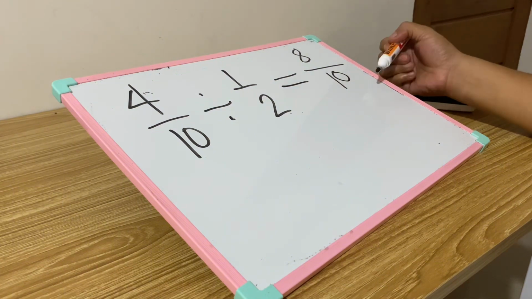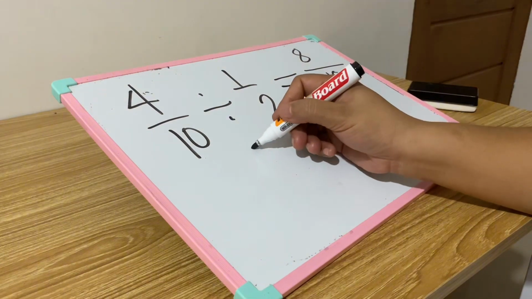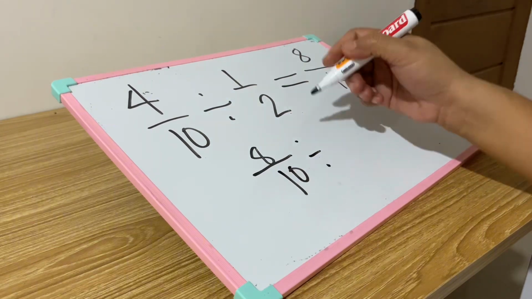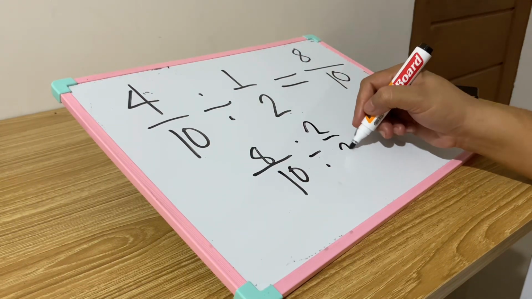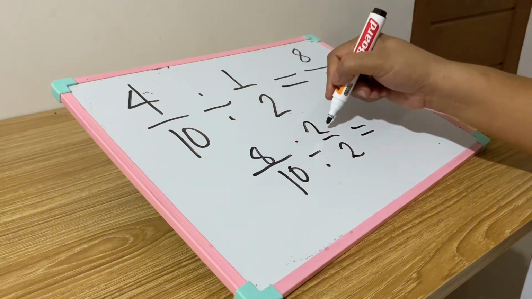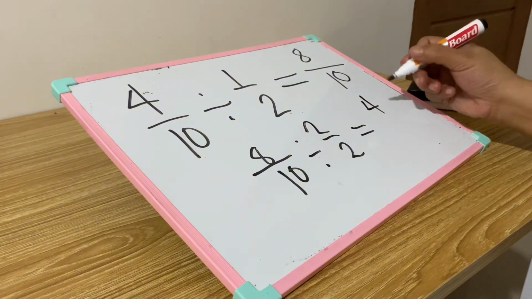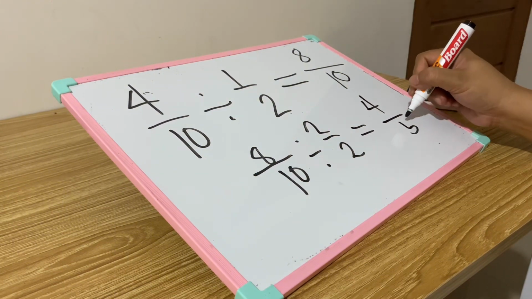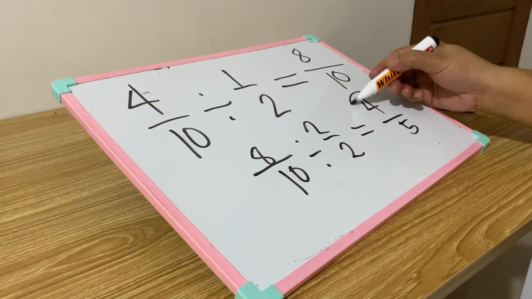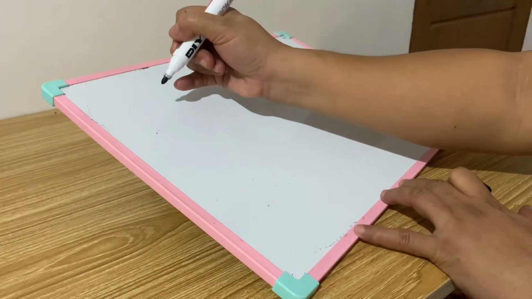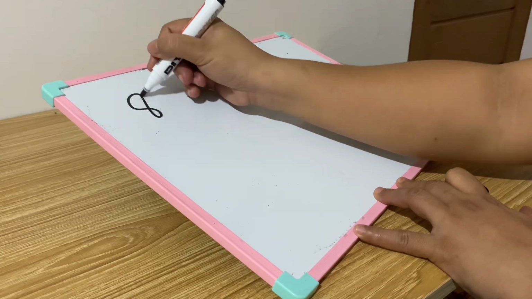And again, this is not the lowest term. Let us simplify 8/10. Divide by the GCF of 2. 8 divided by 2 is 4. 10 divided by 2 is 5. So, the answer is 4/5.